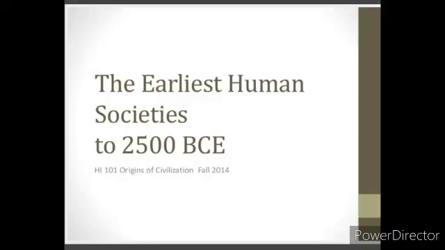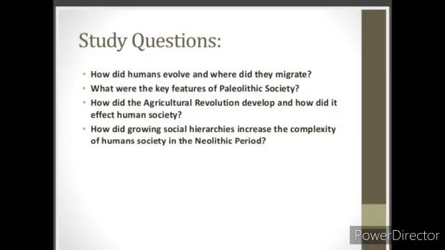The earliest human society. History, Chapter 2, Class 6. In this chapter, some study questions are: how did humans evolve and where did they migrate?